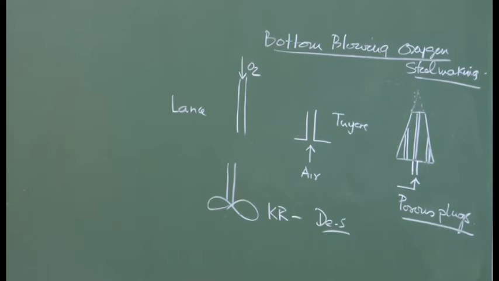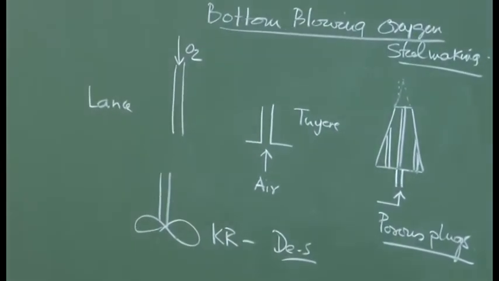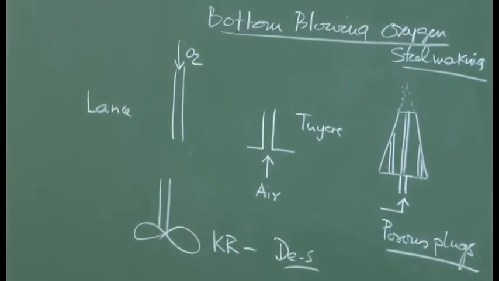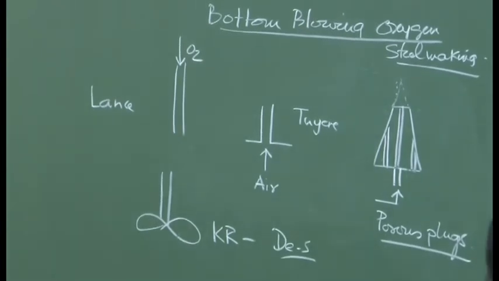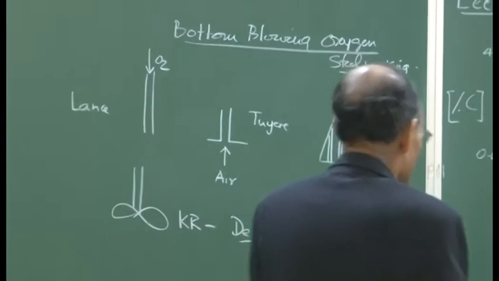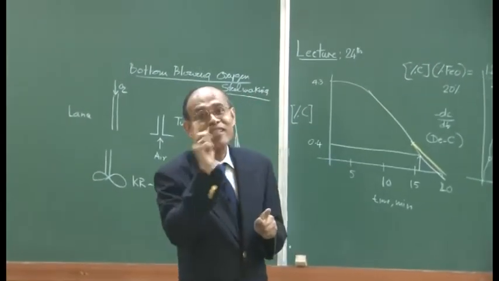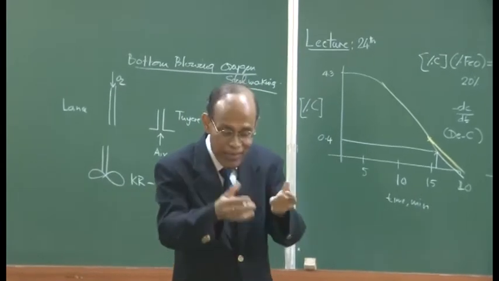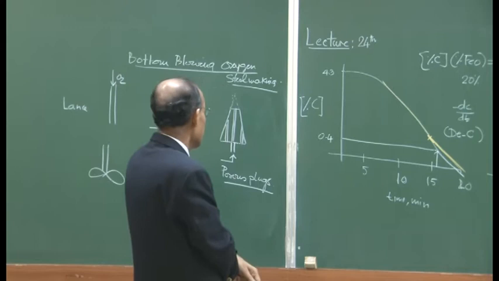A more elaborate discussion of the different types of gas injection will follow. Right now we are talking about reactive gas injection, because the oxygen which is introduced into the system not only stirs the system, it also reacts with the hot metal as well as the metalloids which are dissolved in it.